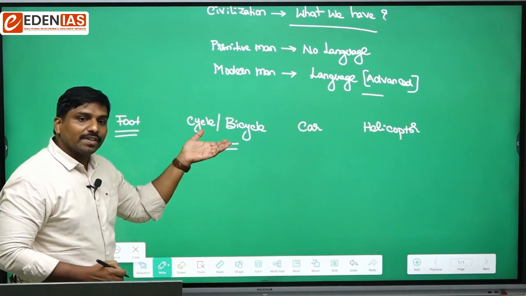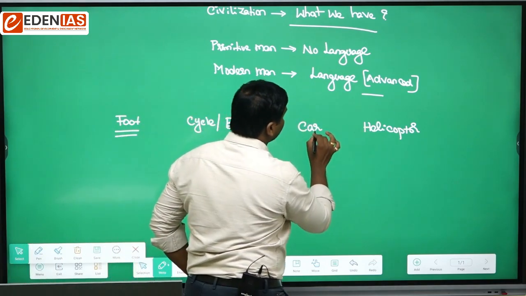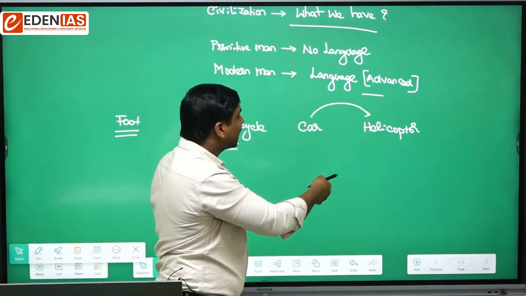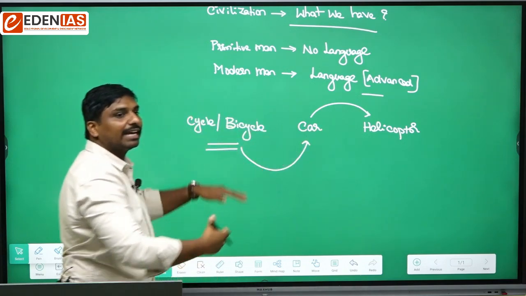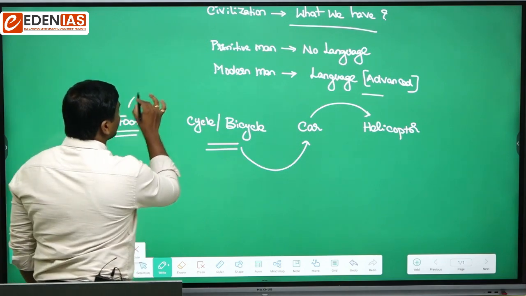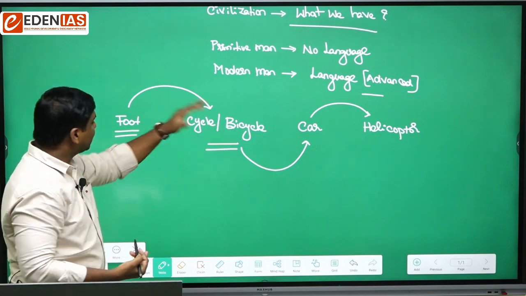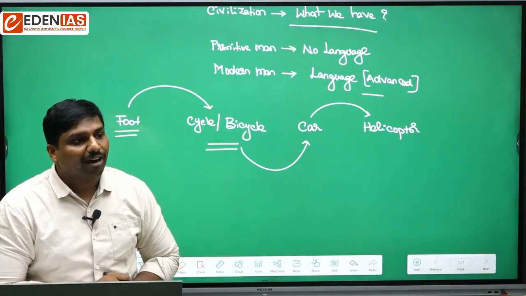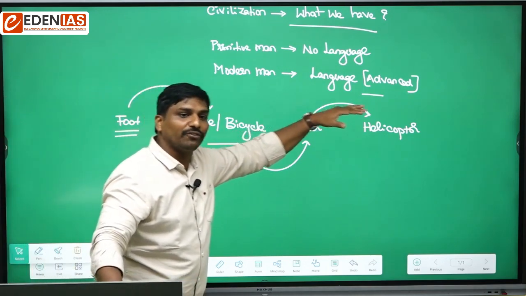So a person who has a helicopter is considered more civilized than a person having a car, and a person having a car is considered more civilized than a person having a bicycle, and a person who has a cycle is considered more civilized than a person who goes barefoot. Here we are talking from the materialistic point of view.